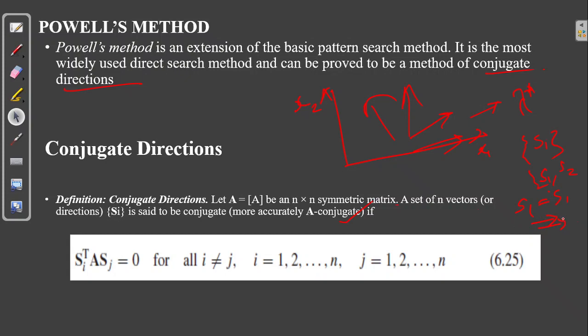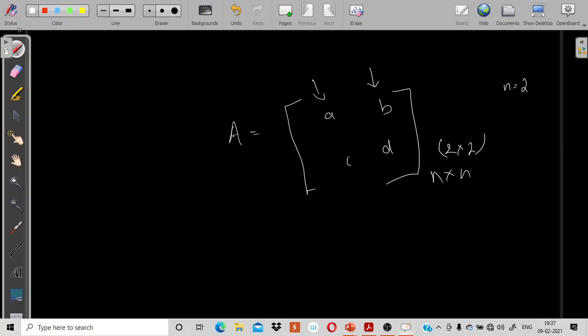So we are excluding the parallel vectors, but we are considering two vectors in n-dimensional space.